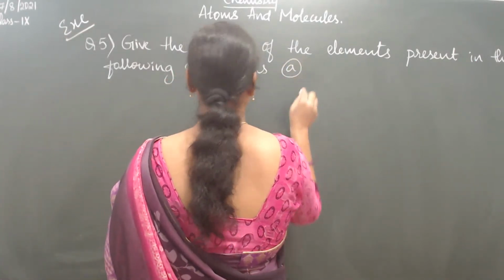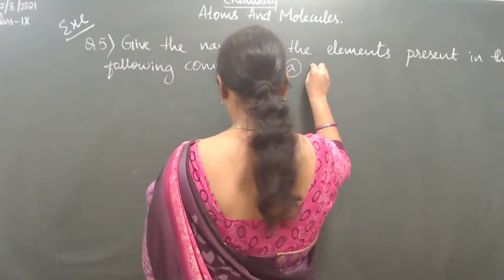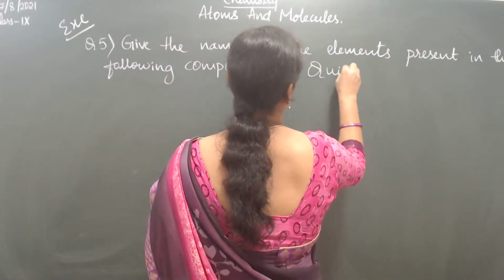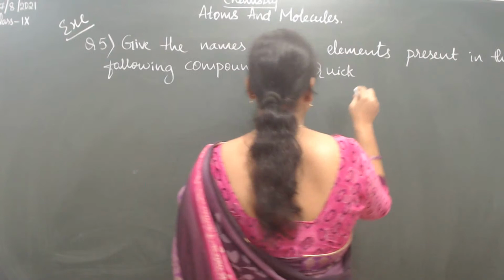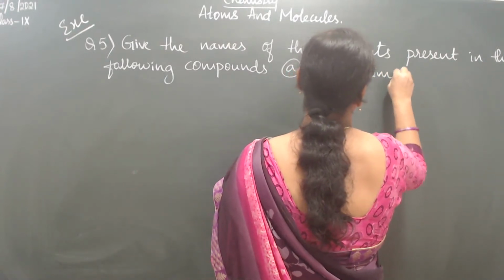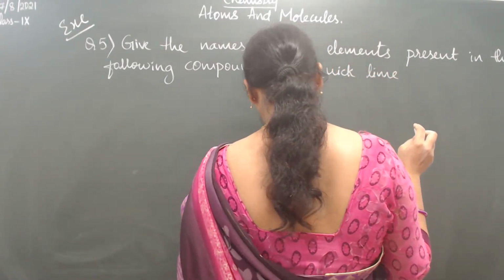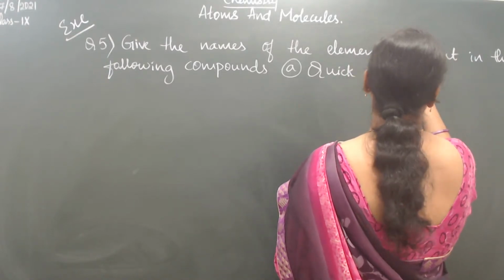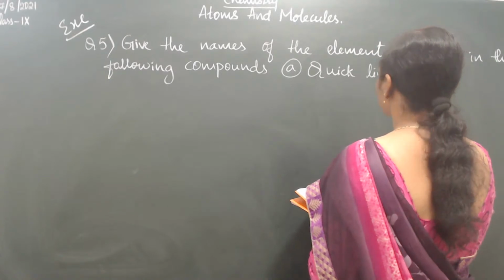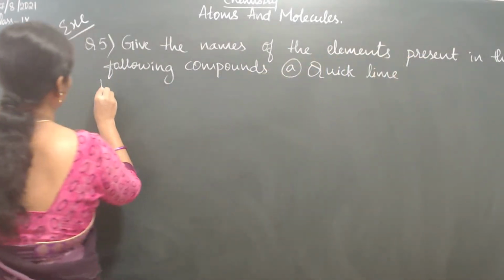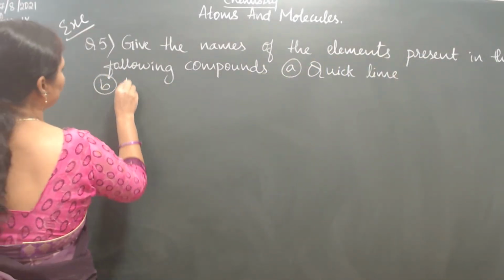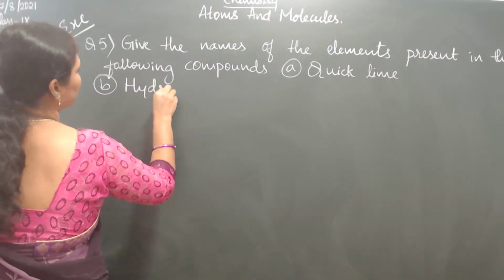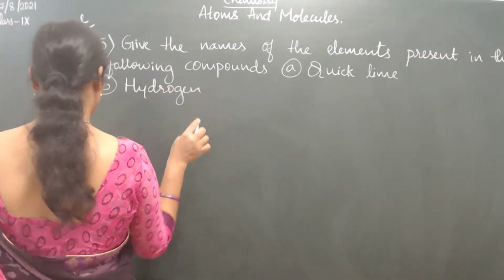First one, that is quicklime. It is also called calcium oxide. Okay. Second one, hydrogen bromide.